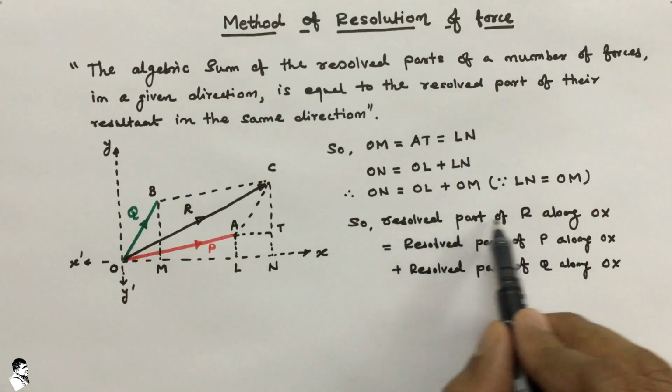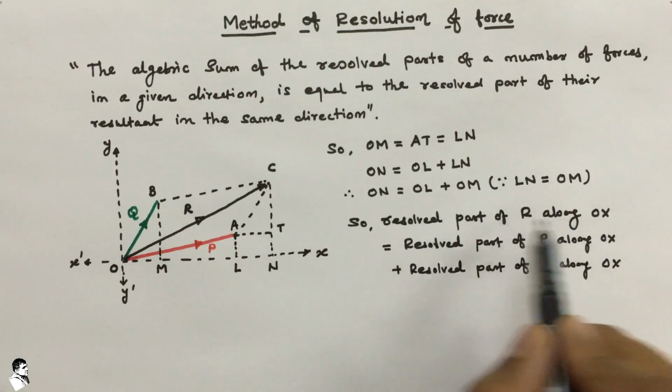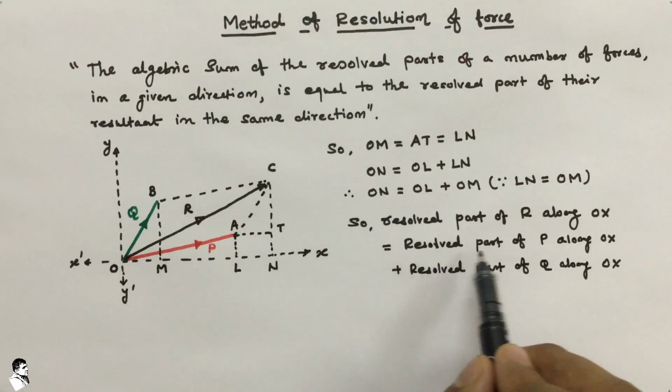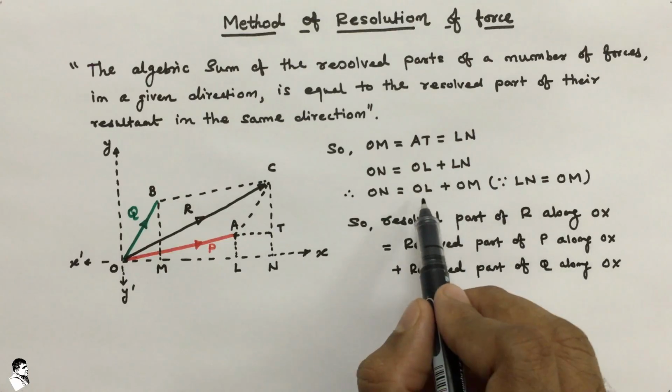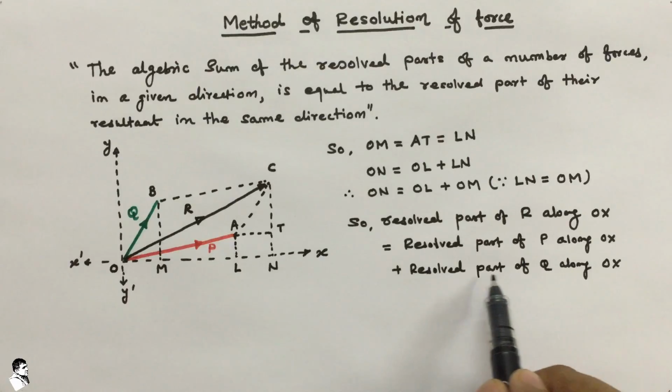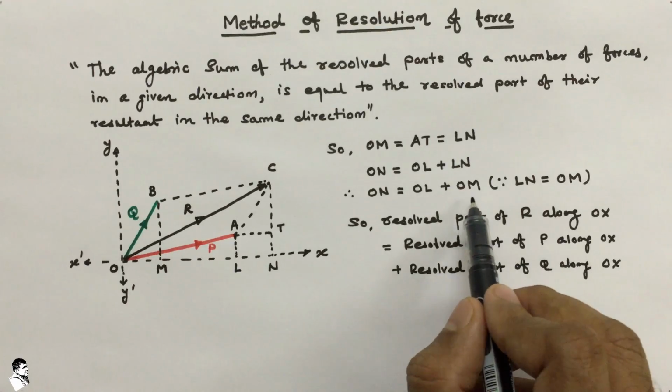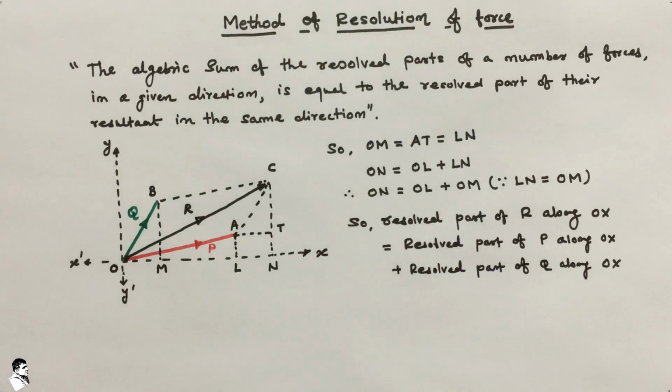So this is the resolved part of R along X, that is ON; the resolved part of P along OX, that is OL; plus the resolved part of Q along OX, that is OM.